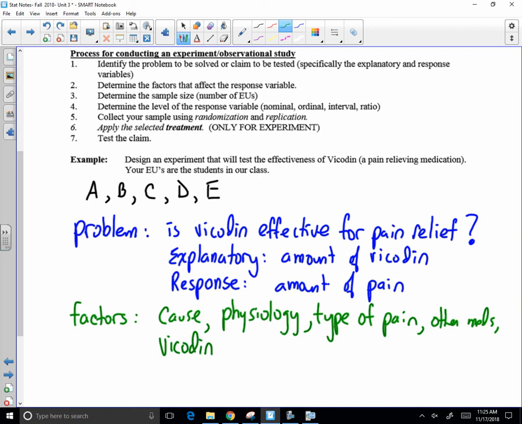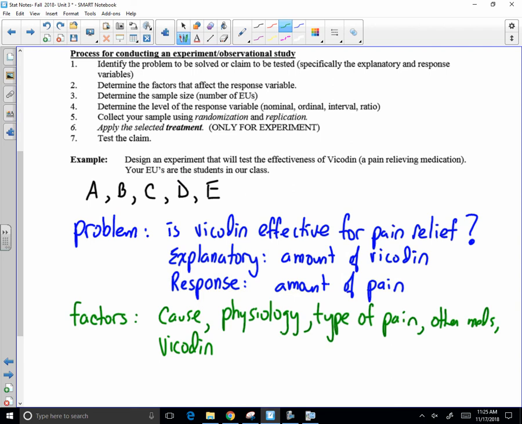One of the factors should be your explanatory variable, right? So the factor that would affect pain, well, in theory, one of them would be whether or not you're taking Vicodin, all right? And specifically the amount, right? Because I use the term amount because if I'm saying 0 Vicodin, I'm looking at a placebo.